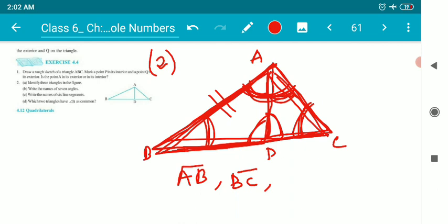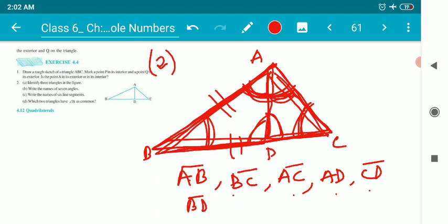Then AC, then AD, then CD. So we have written 5: AB, BC, AC, AD, CD. BD is left. So this one is BD. So finally, the names of all 6 line segments are written.